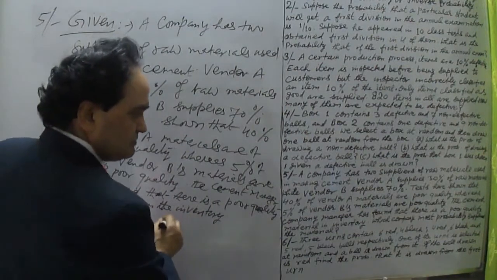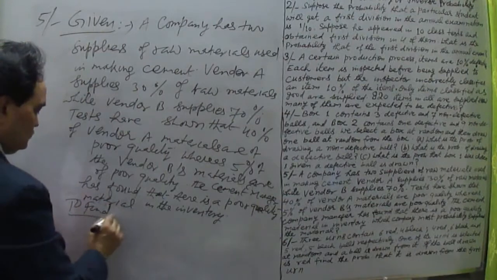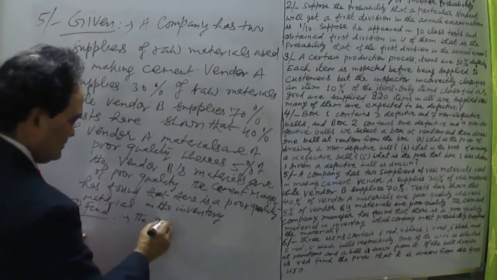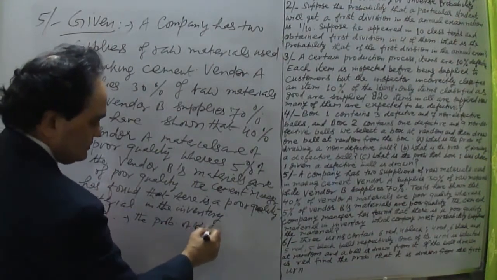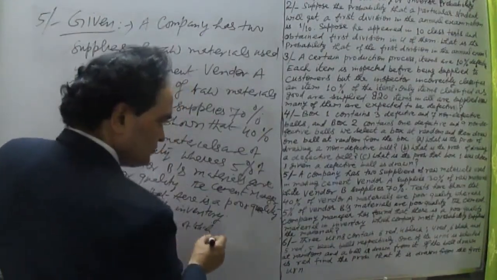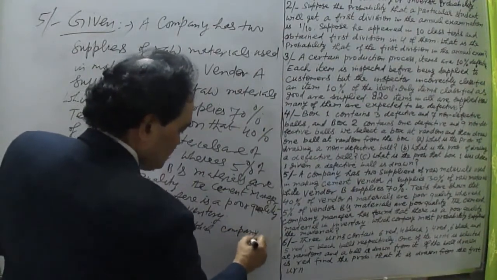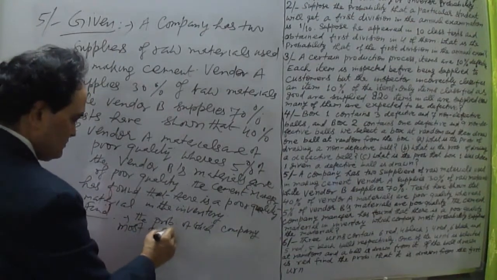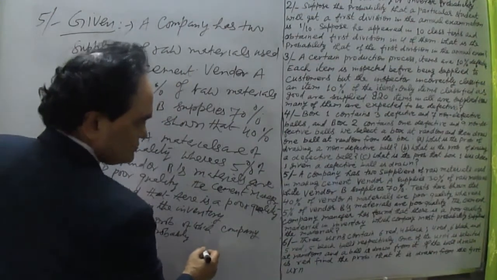Now, which company do we have to find here? We have to find the probability of which company most probably supplied the material.